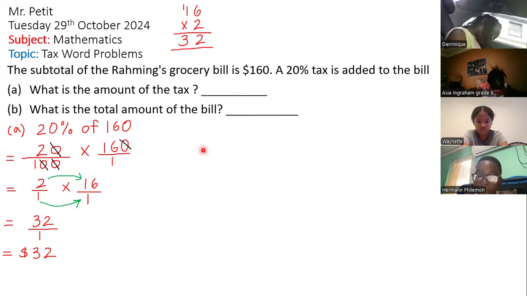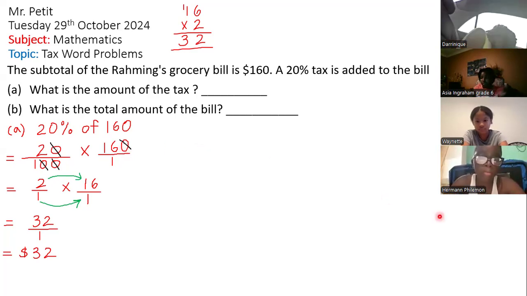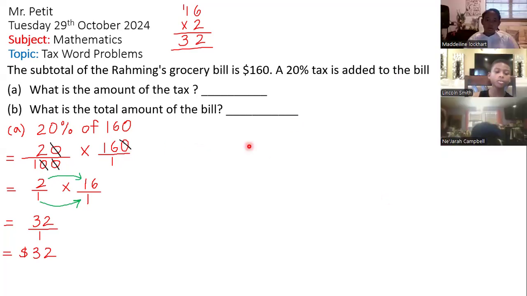And then we cancel out the zeros. Then we multiplied 2 over 1 times 16 over 1, and we got 32 over 1. And that gives us $32. So, are we gonna do B now?